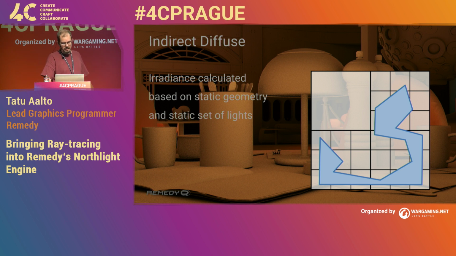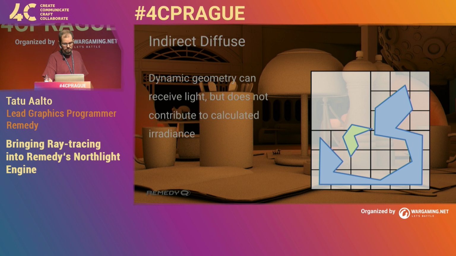You can see that the dense parts of the GI volume are in the areas that overlap with the geometry. In addition to static geometry, there's of course dynamic geometry in the scene. The smaller green piece is dynamic, and dynamic geometry is not used in pre-calculation. So part of it resides in a low resolution area of the volume.